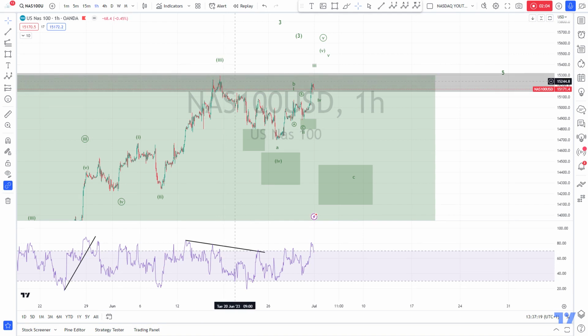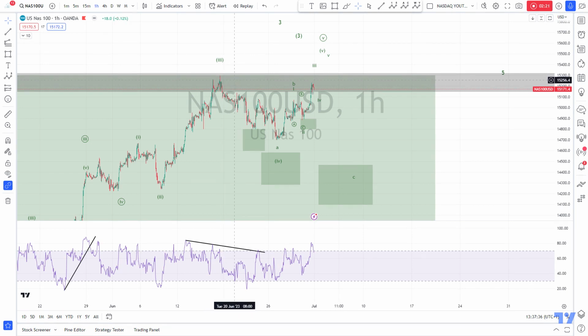We are also at resistance, and in the 4 hour we see divergence. So we have some indications that this could be a high, but it does not have to be.